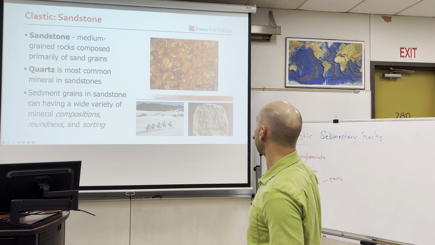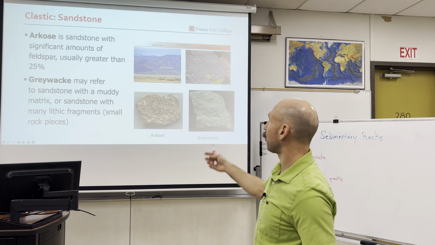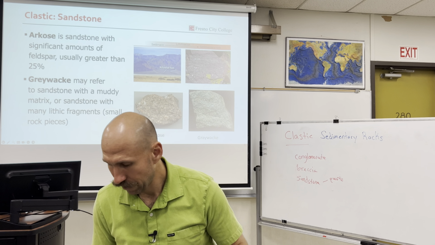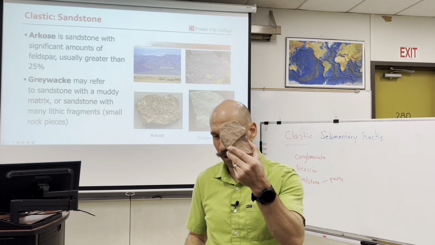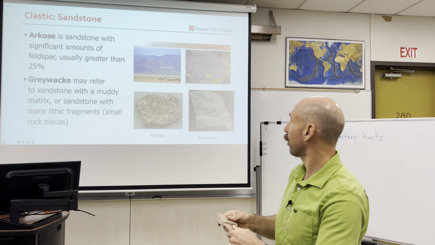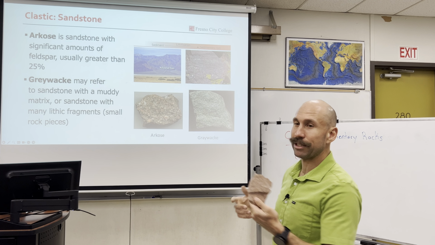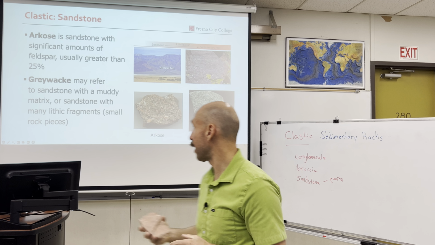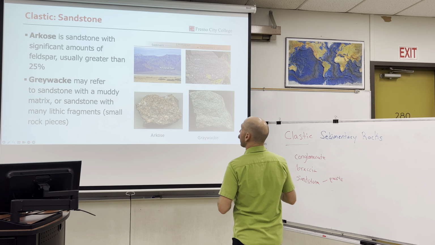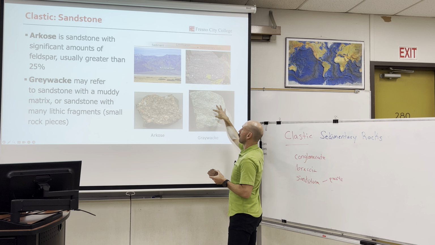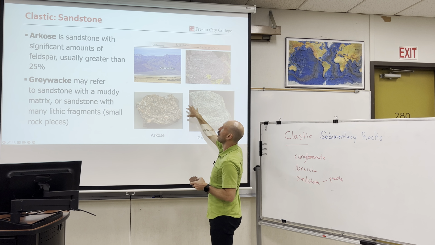But quartz is not the only type of sandstone, primarily quartz. We've also got arkose and greywacke. When we're including feldspar grains, we've got some arkose here. I don't have a sample of greywacke, which is a sandstone that has lots of lithic fragments, or rock chunks, inside of it. We're also often getting various colors. A muddy matrix in the greywacke can give it more of a greenish color.